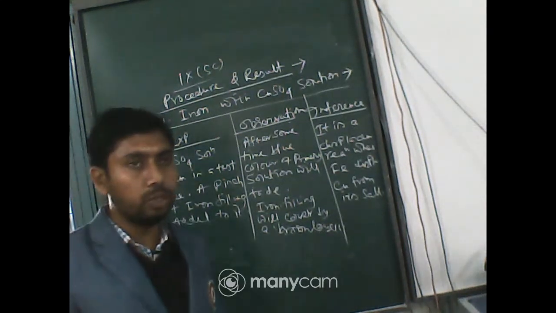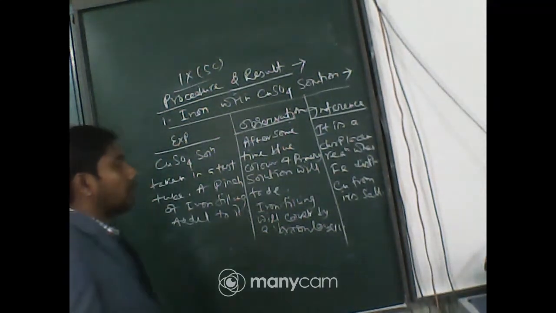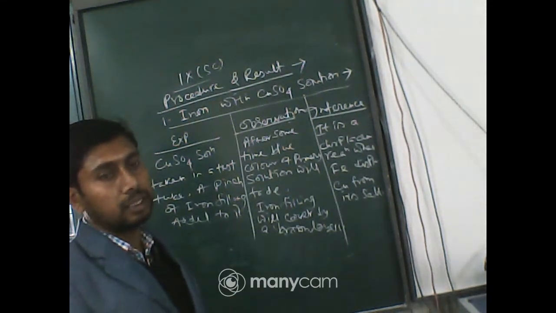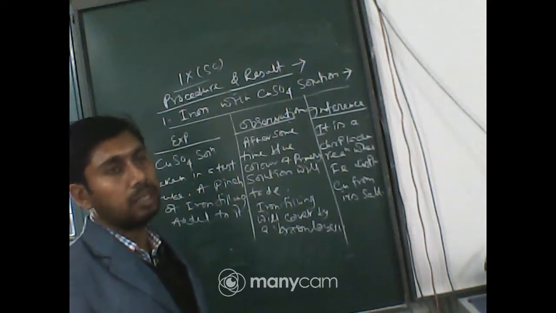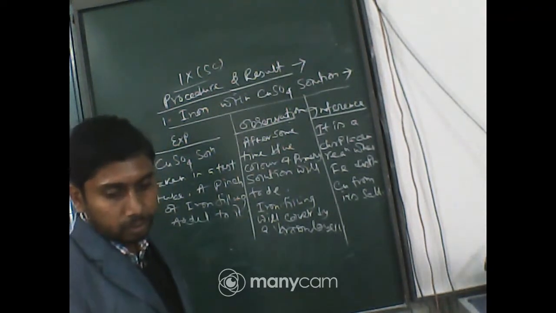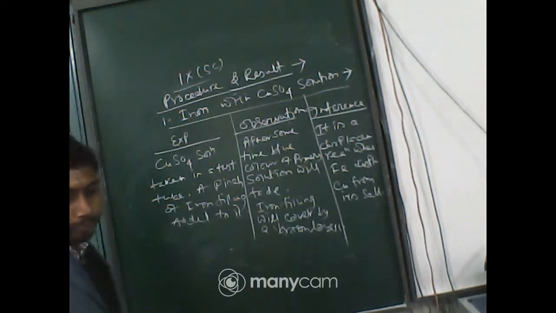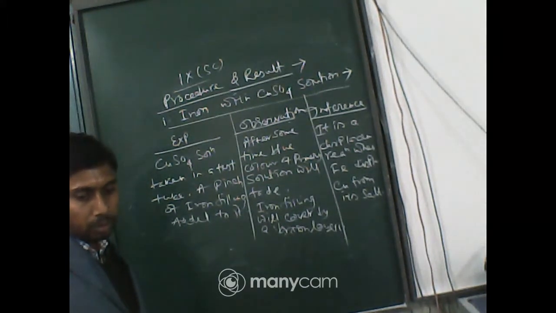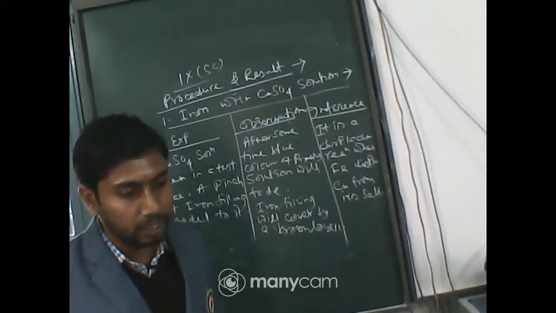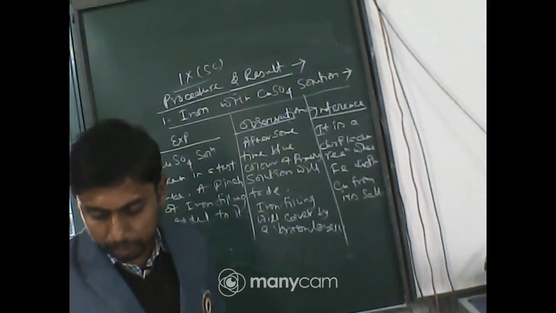If anyone wants to place here any article that has pictures of the displacement reaction, you may add it here in your lab copy. Yes, you can draw a diagram, obviously, because as it is a practical, you can draw a diagram.